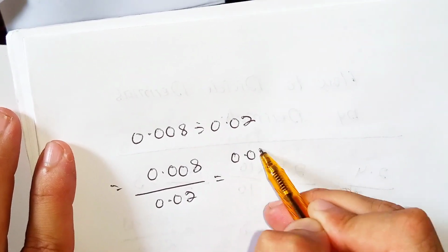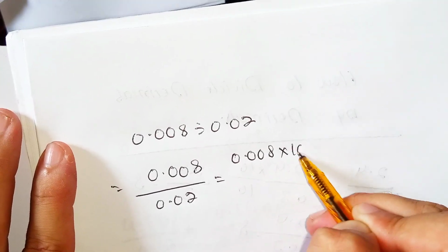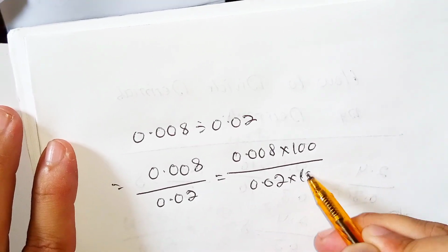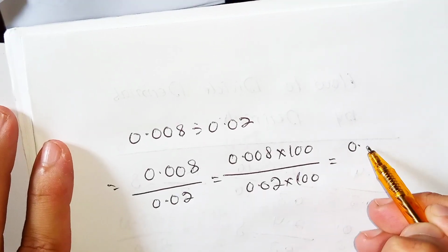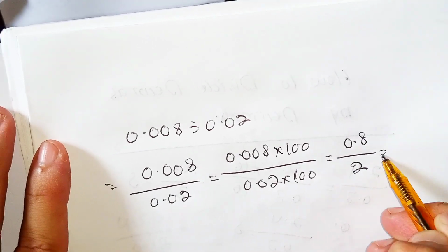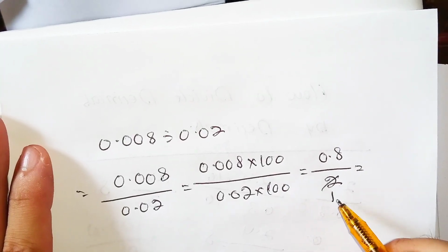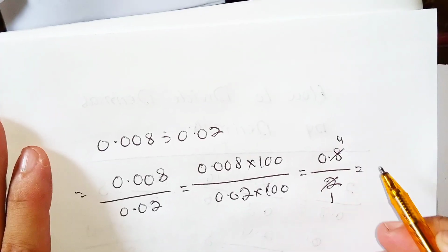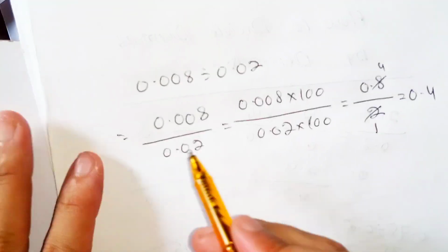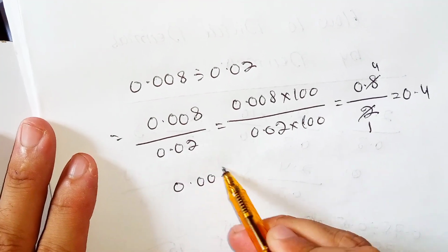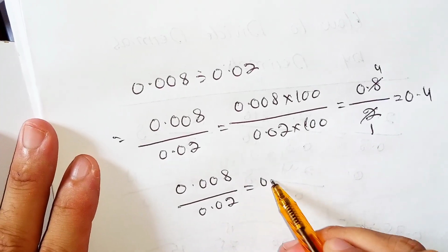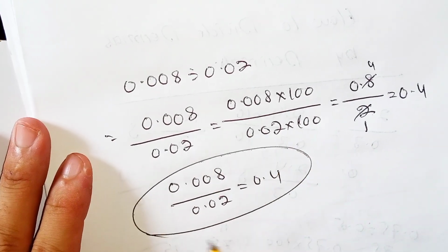So 0.008 multiplied by 100 divided by 0.02 multiplied by 100, right? 0.8 divided by 2, or we can say that 2 times 4 is 8, right? So the answer will be 0.4, or 0.008 divided by 0.02 is equal to 0.4. That is the final answer.